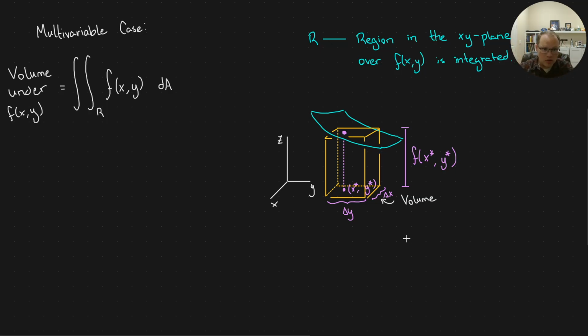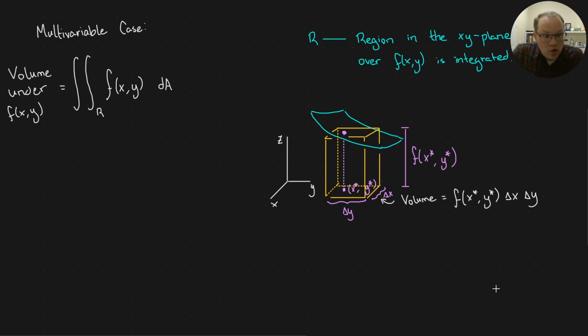And so the volume is going to be the height times the length of the base in the x direction times the length of the base in the y direction. Length times width times height. That gives us our volume.